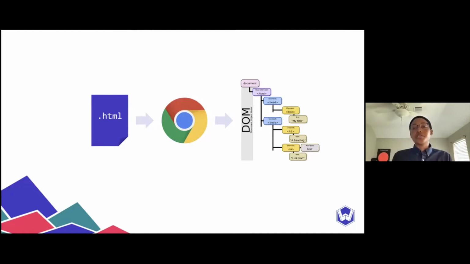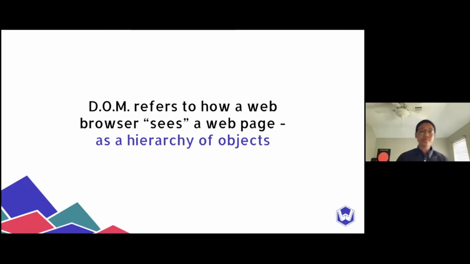So this is called a tree structure. And it makes a lot of sense for manipulating and changing and representing something as abstract as a bunch of text in the browser. So the DOM refers to how a web browser sees a web page. It's basically a hierarchy of objects. And it just makes everything a lot easier to process, store, and manipulate.